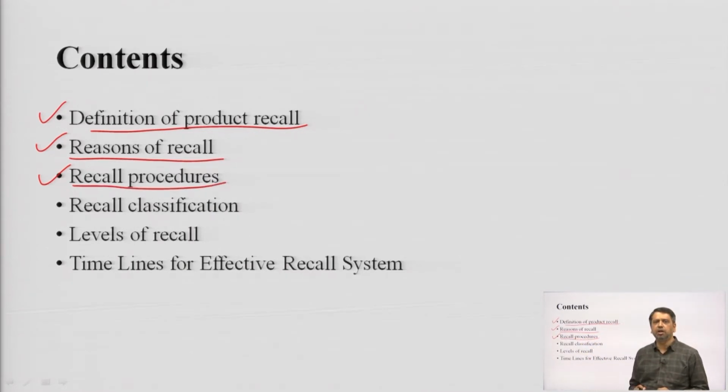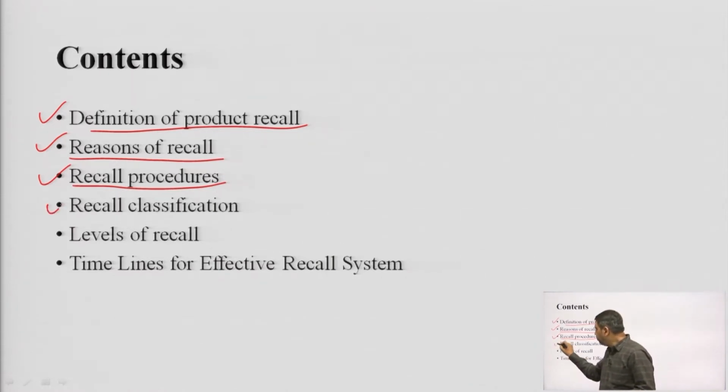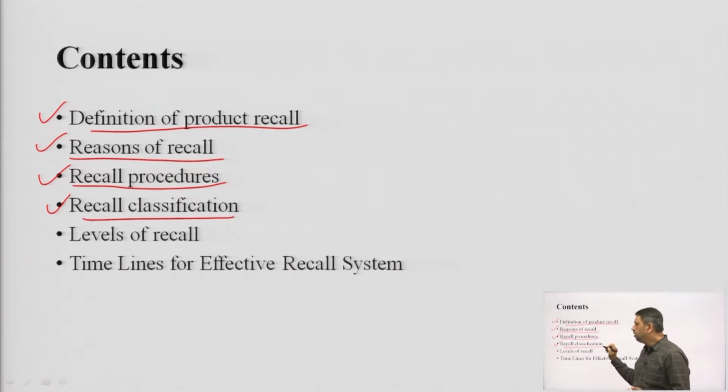How do pharmaceutical companies recall their product from the market once it is distributed? The fourth thing is the recall classification.